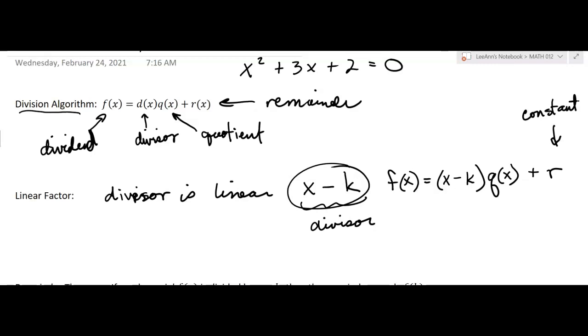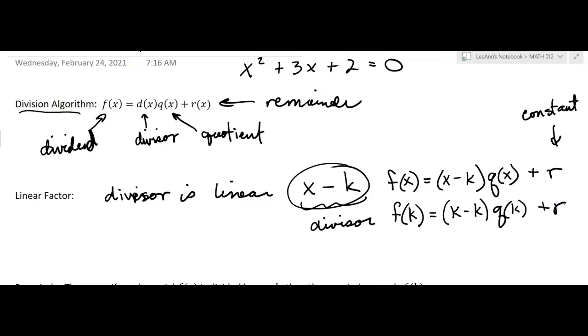Okay, now let's say we want to evaluate this function at k. Well, then we would get k minus k times q of k, plus that remainder, that constant.